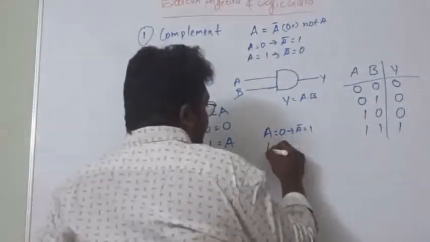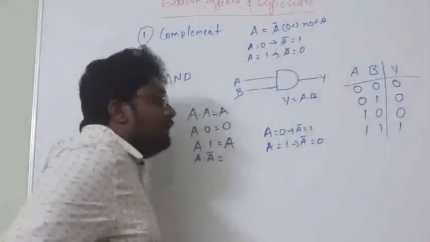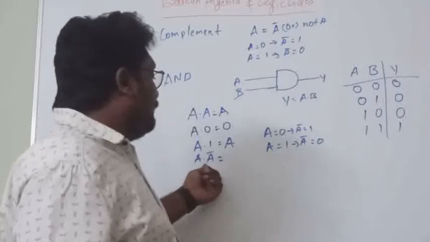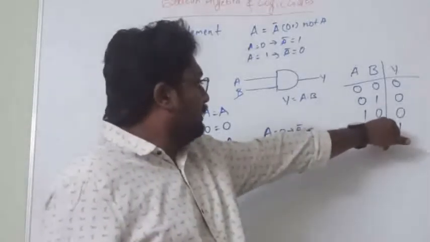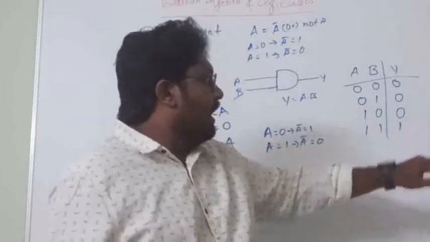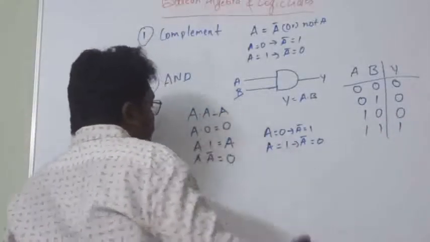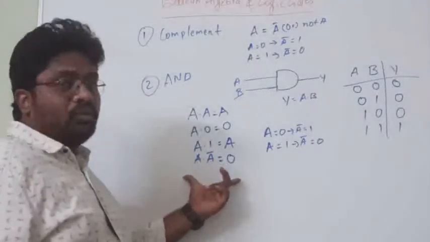And in the other case, A equals 1, then A bar equals 0, and the output is again 0. So this is how we have the AND rules in Boolean algebra.